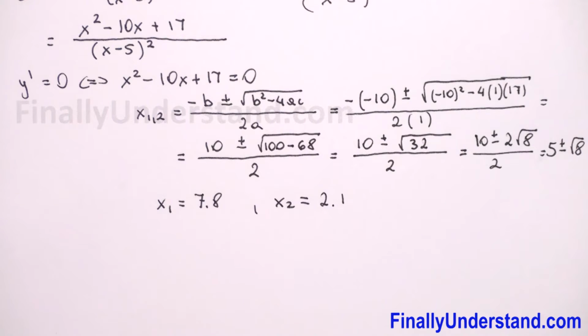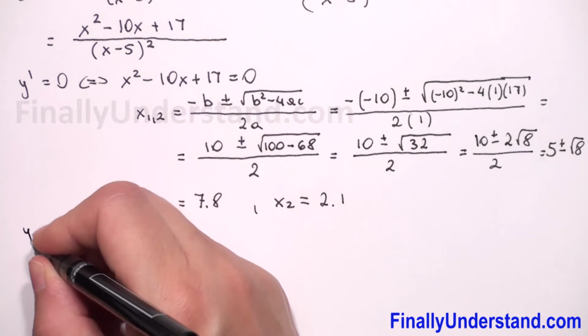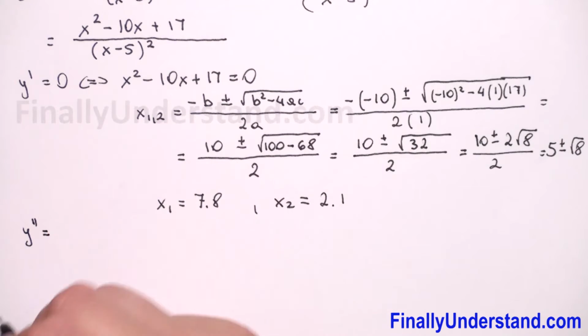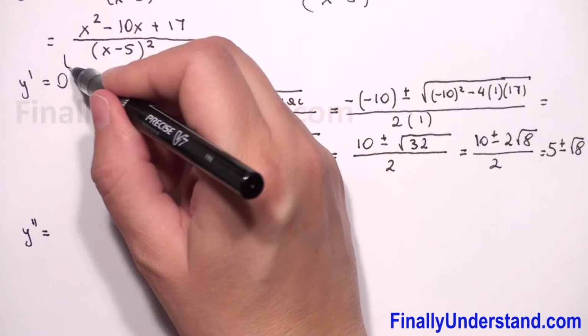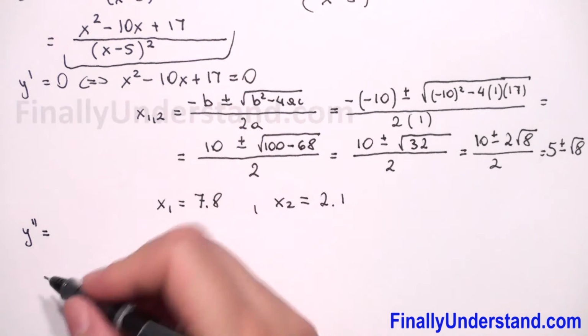Now, to find if we have a maximum or minimum for these values, we will use the second derivative test. So first we need to find the second derivative. To find the second derivative, we have to find the derivative of our first derivative. This is our first derivative.